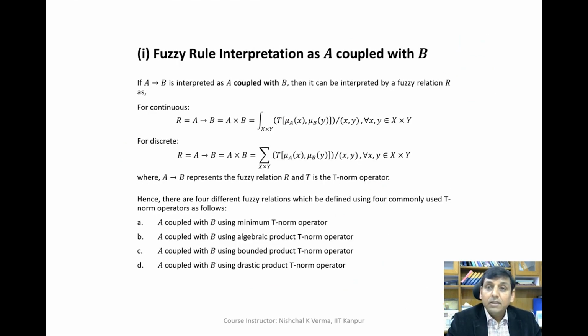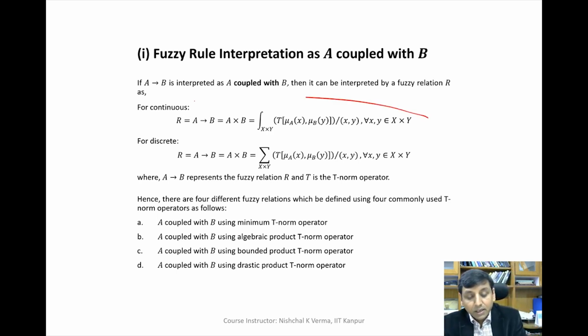So here let us now go one by one. Fuzzy rule interpretation when we do it by using A coupled with B. When we interpret A forward arrow B by A coupled with B, it can be interpreted by a fuzzy relation R, as I mentioned here.